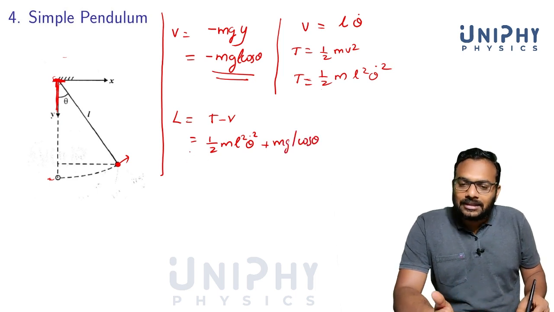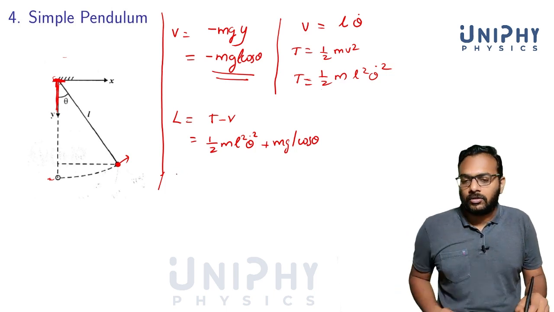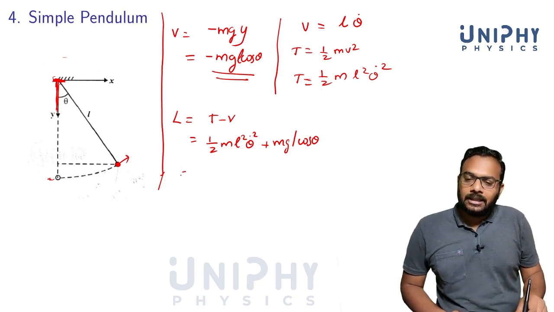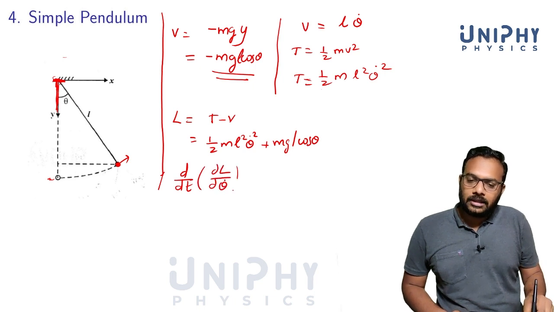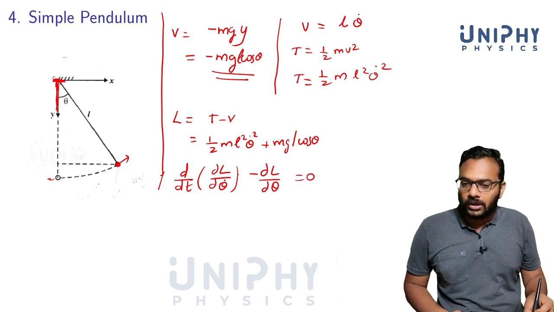Now it's just a matter of finding the equations of motion. There is only one generalized coordinate, so you have one equation of motion, one Lagrange's equation, and we can find it easily. d by dt of dou L by dou theta dot minus dou L by dou theta is equal to 0. That's the equation of motion. And what's dou L by dou theta dot?